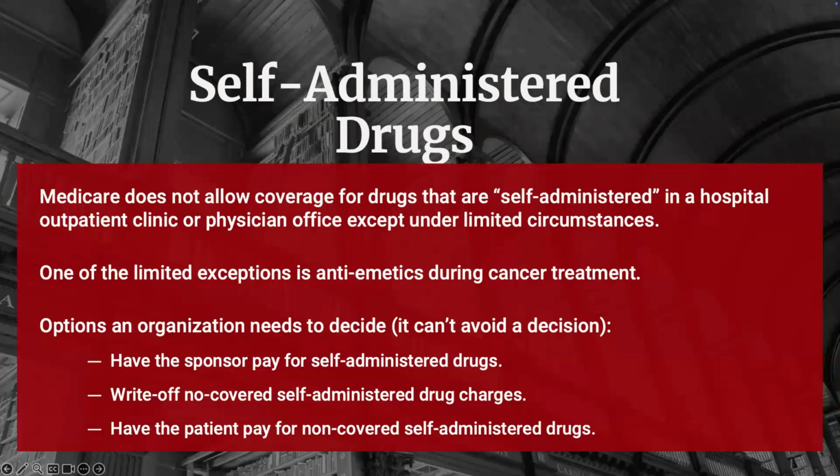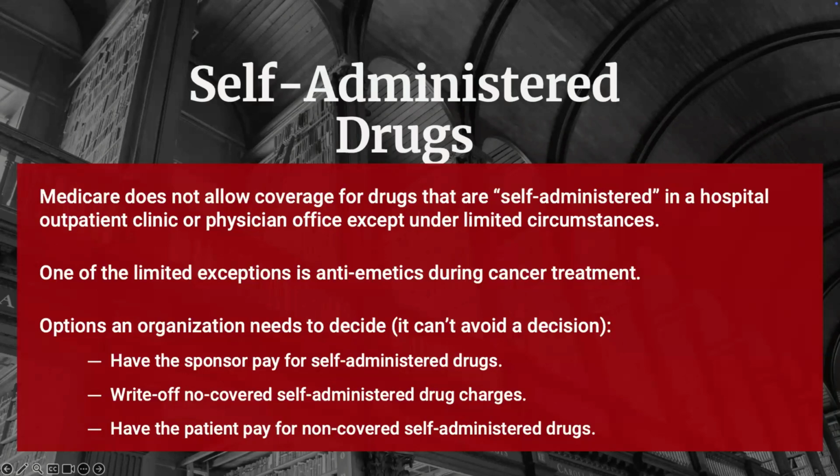Again, we'll cover it in the video on this, but there is OIG guidance on how they're okay with hospitals writing off charges for non-covered self-administered drugs, as long as you're not advertising it to the patient and so forth. This isn't some type of beneficiary inducement. So this is a legitimate option. A lot of our hospital clients have taken this option, and they've applied it outside of research, across the board.